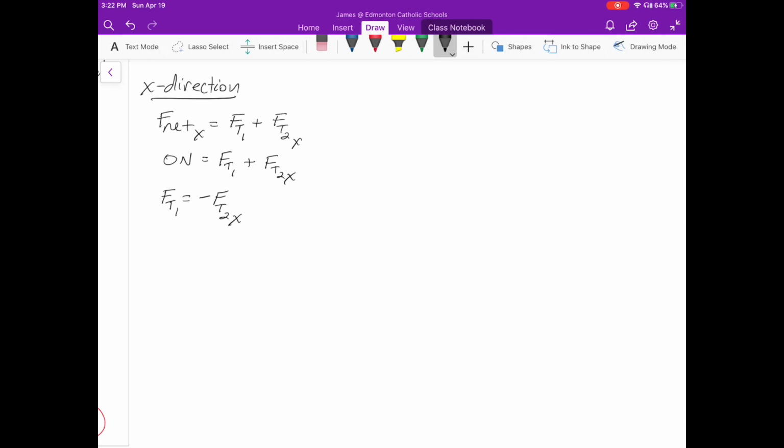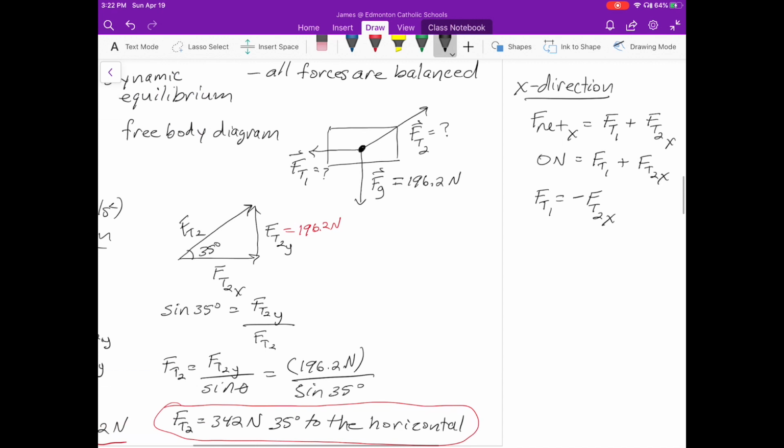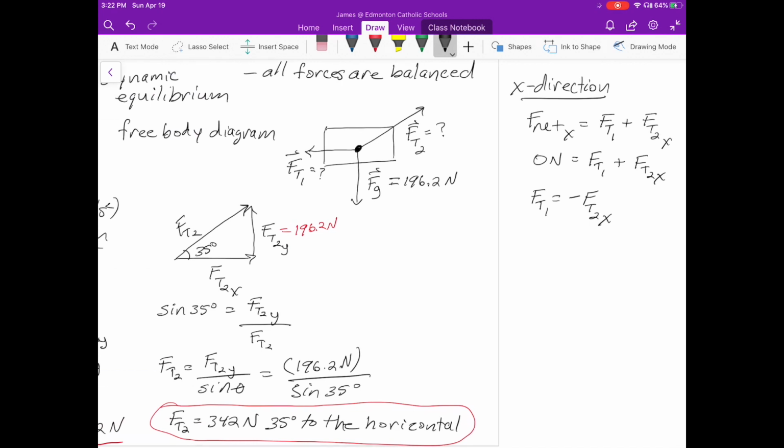Okay, so we'll flip back here and we'll notice from our diagram that to calculate the x component, we've got our y component and we've got our angle. You just found the hypotenuse as well, this is 342, so you could use that if you wanted, but it doesn't really matter.